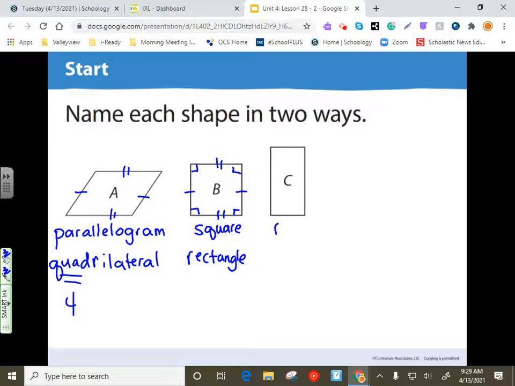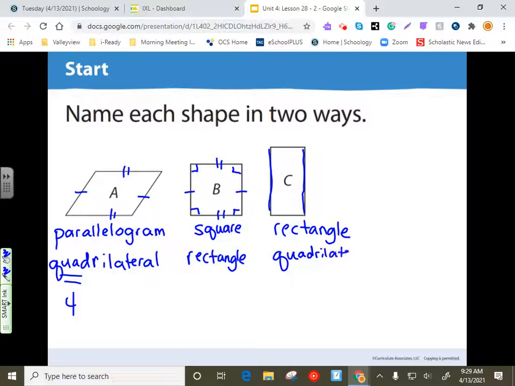Over here is an actual rectangle. A rectangle can't qualify as a square since these sides right here are longer than the other sides. So this is a rectangle and a quadrilateral.